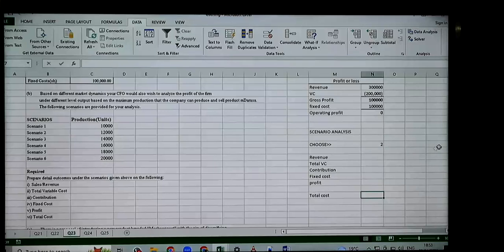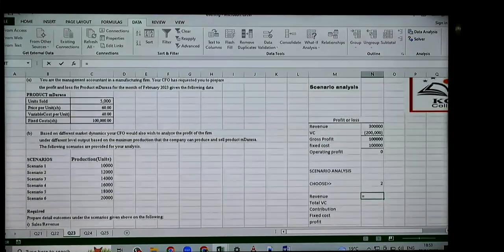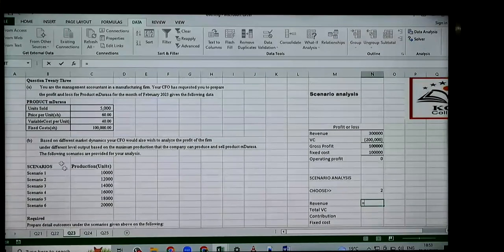So I'll come here to revenue. I press OK. I press the equal sign to initiate the formula. These ones are the production units, but the price will remain constant. So I'll take the price here, I multiply by, and here now is where I introduce the CHOOSE function.